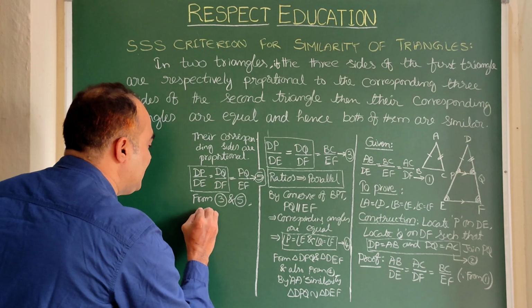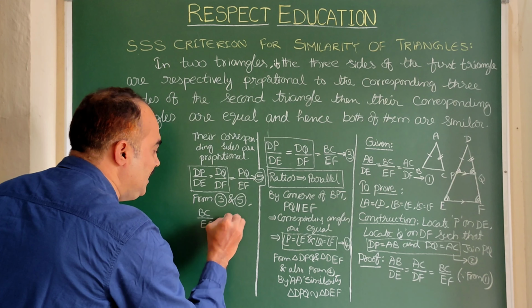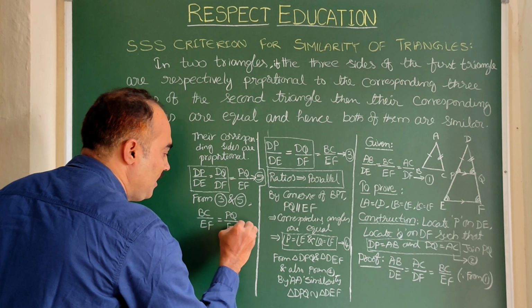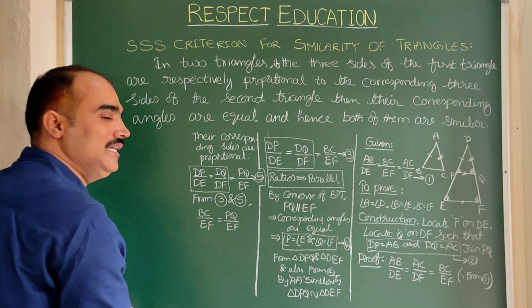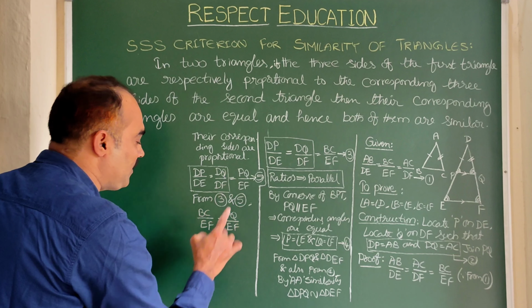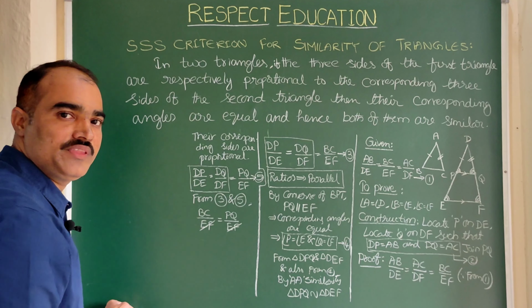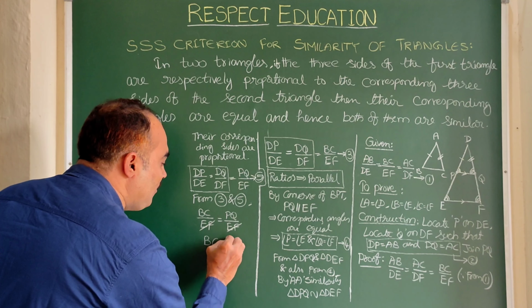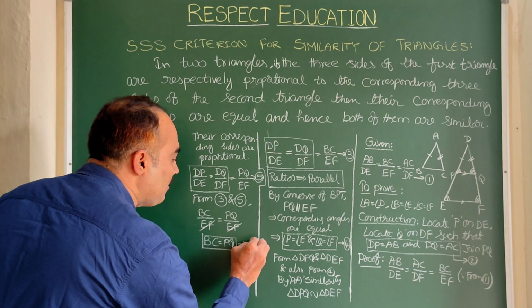That means BC by EF is equal to PQ by EF. As the denominator is the same and these fractions are equal, we can cancel EF and EF. So we get BC is equal to PQ. Let us take it as equation number 6.